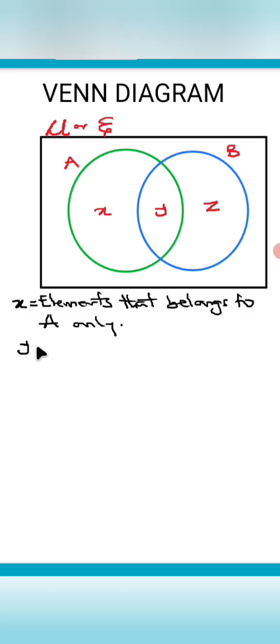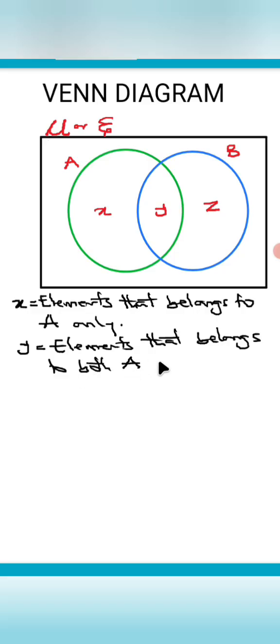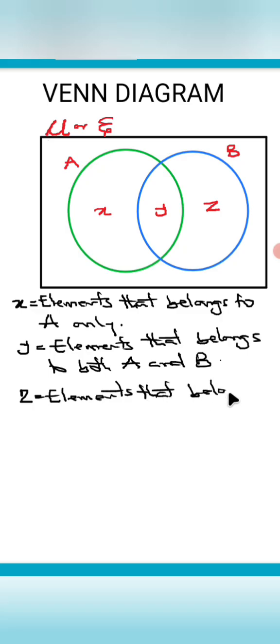Now Y, elements that belong to both A and B. That is the set of elements you can find inside set A and also find inside set B. And Z are elements that belong to B only.